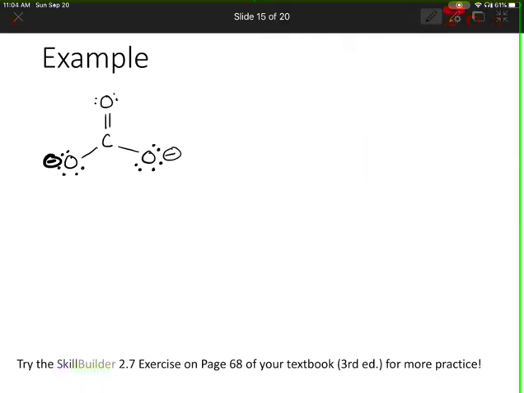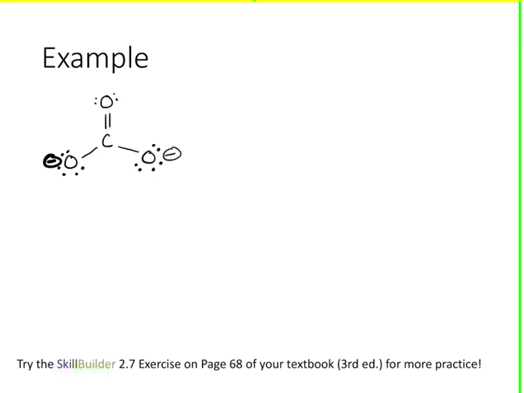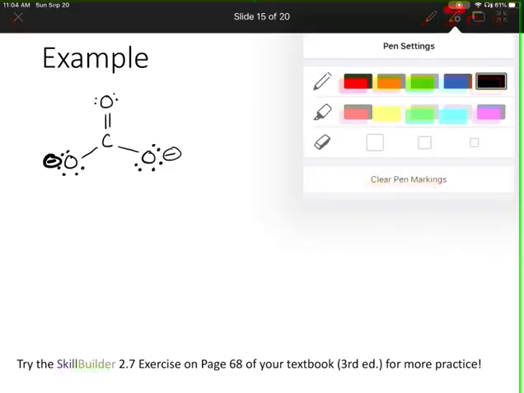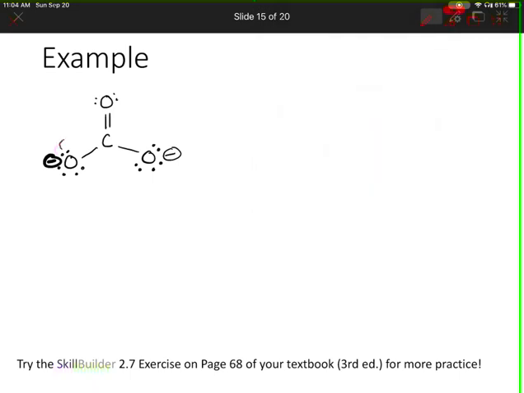Okay, so now how can we move electrons around so that those two negative charges are shared? How can we stabilize this molecule? Well, let's try moving a lone pair over. If we do that, are we violating any of our resonance rules?